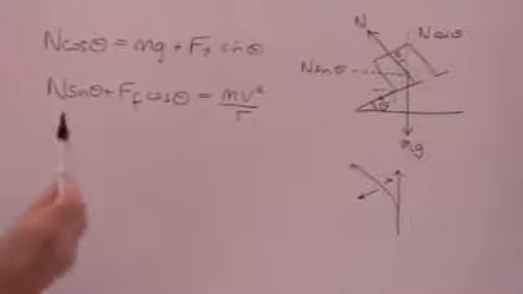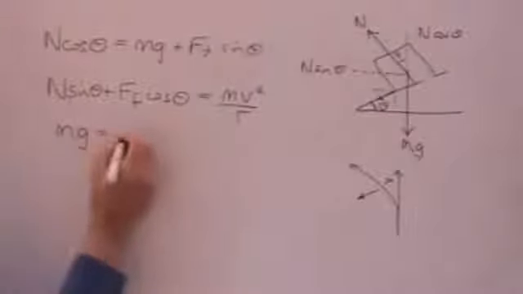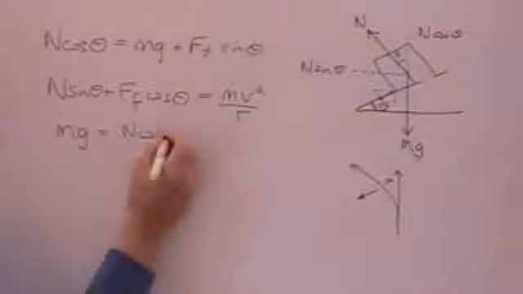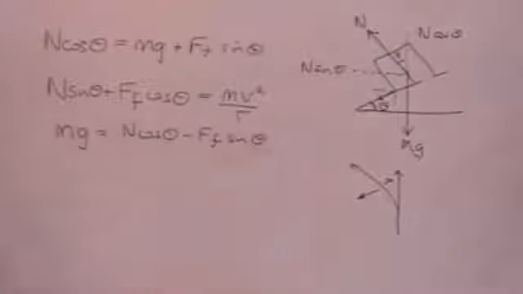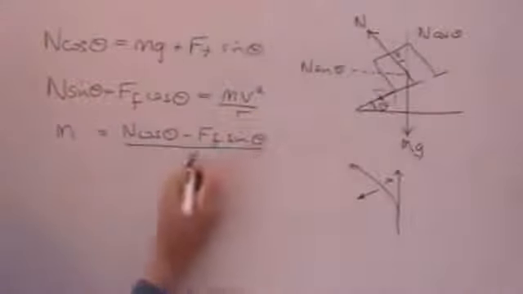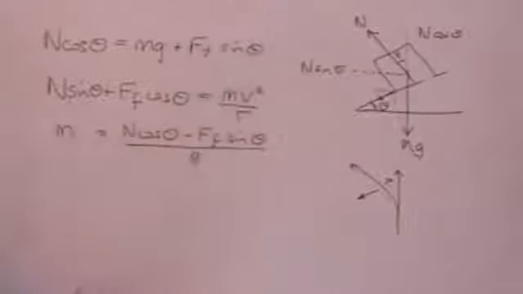I'm going to solve for m in this formula here. I'm just going to rewrite this formula to say that mg is equal to N cosine theta minus Ff sine theta. And that means that if I divide both sides by g, I get something for m. That's the mass. And now I can substitute this mass term into this here.